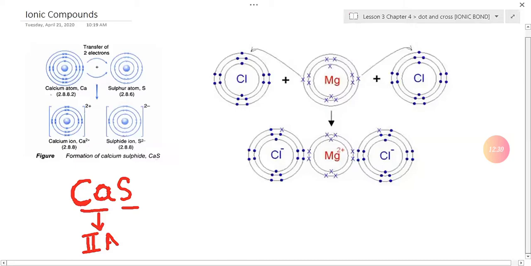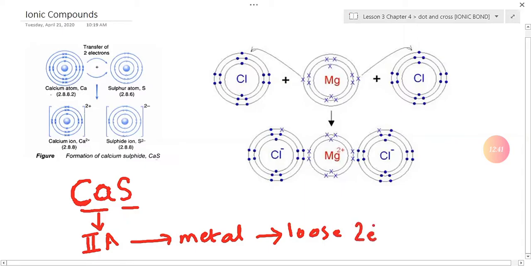So I should first do my calculations of how the cation and anion formation will take place. Calcium belongs to 2A, so it is a metal. It will lose 2 electrons because it has 2 electrons in the last shell, and after losing 2 electrons it should form a cation of +2 type. All right, if you people are following me, calcium is a metal. Let's talk about sulfur. Sulfur belongs to 6A.